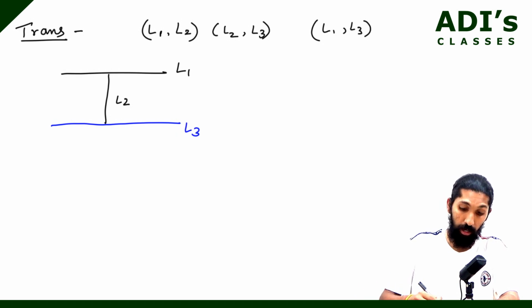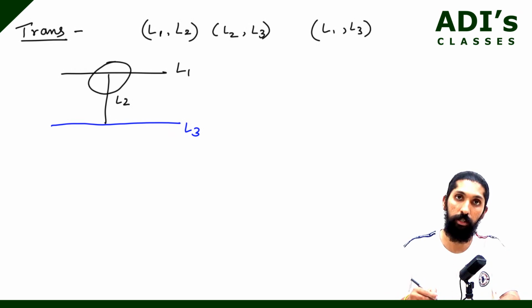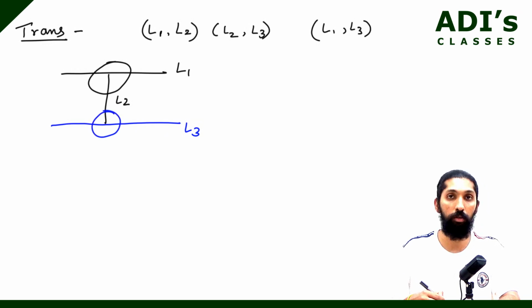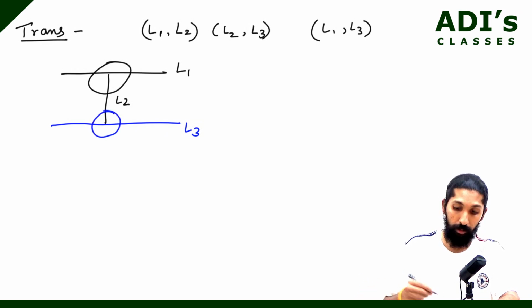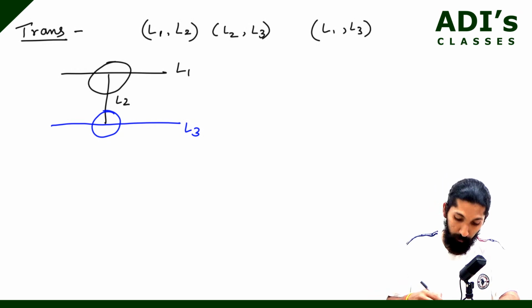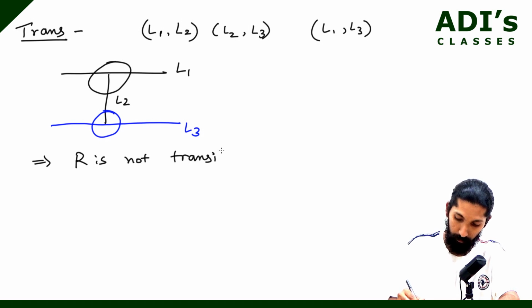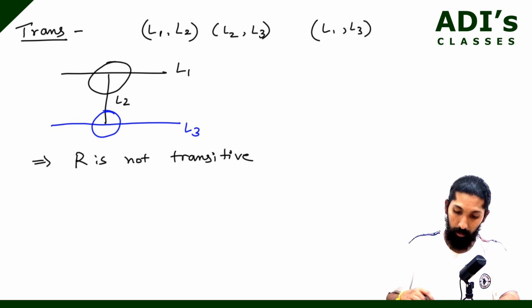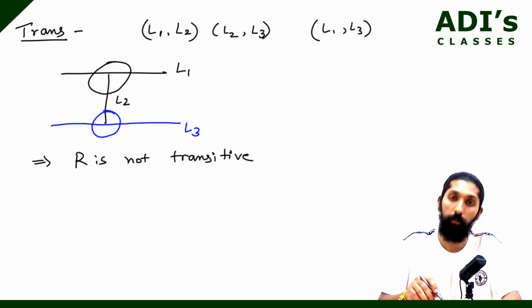So (L1, L2) is represented by this orthogonal condition, and (L2, L3) is given by this orthogonal condition. But if you look at it, L1 is parallel to L3. So this implies that R is not transitive, because (L1, L3) does not belong to the set we have.